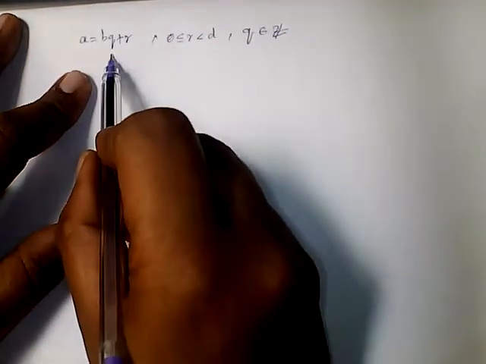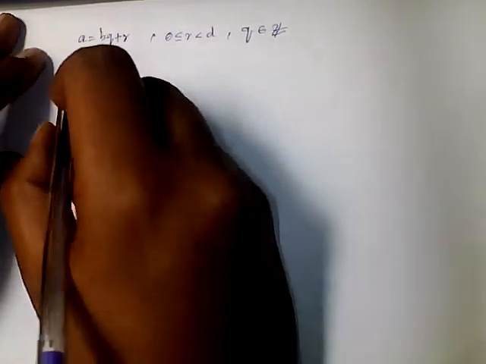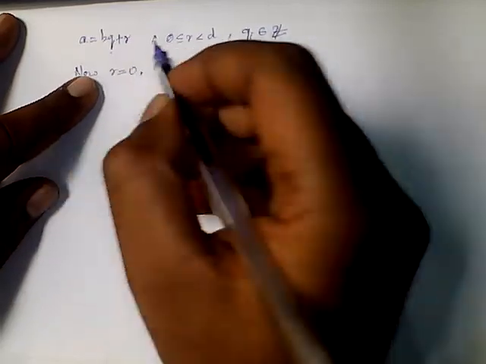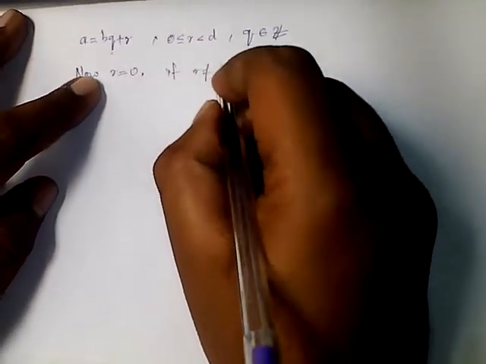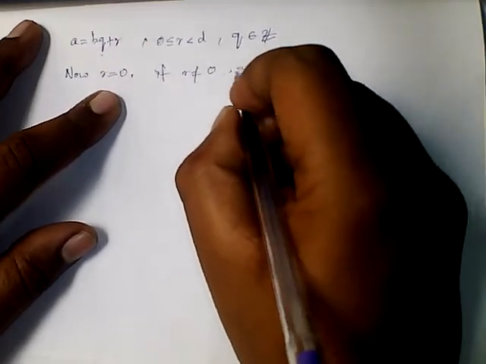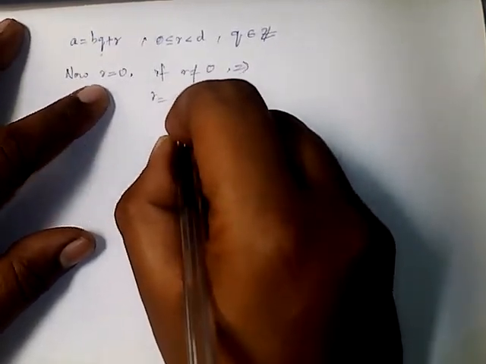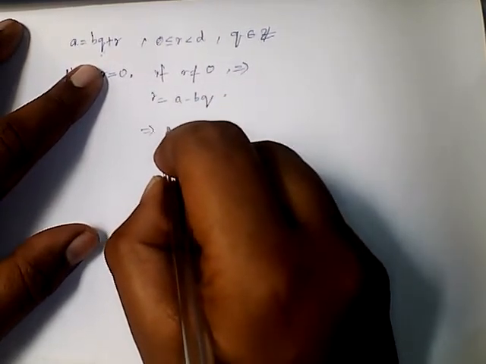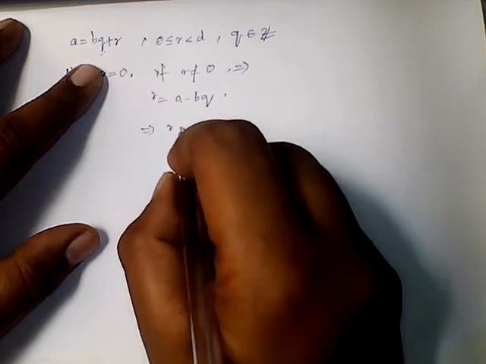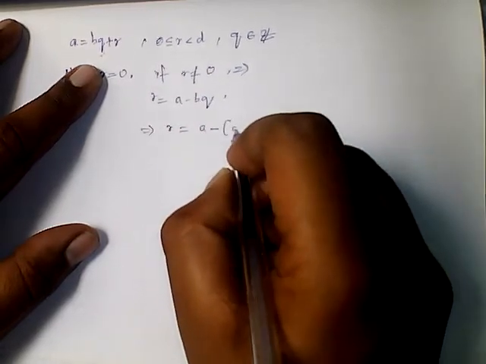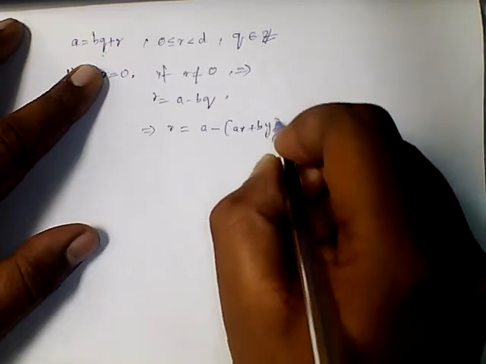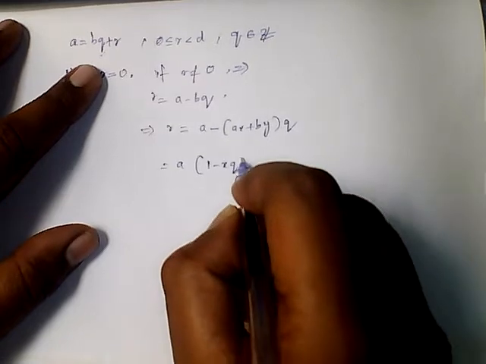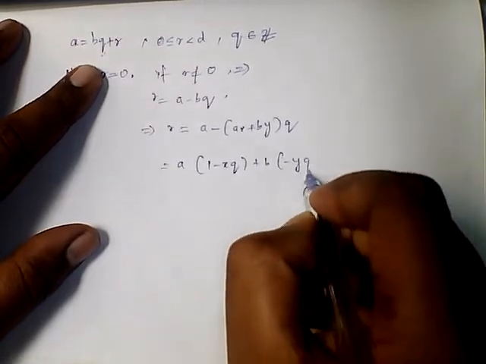This q is the quotient. Now we know that r should be 0, or if r is not equal to 0, then from here we can get r equal to a minus bq. That implies r equal to a minus (ax plus by) into q. From this we get a into (1 minus xq) plus b into (minus yq).